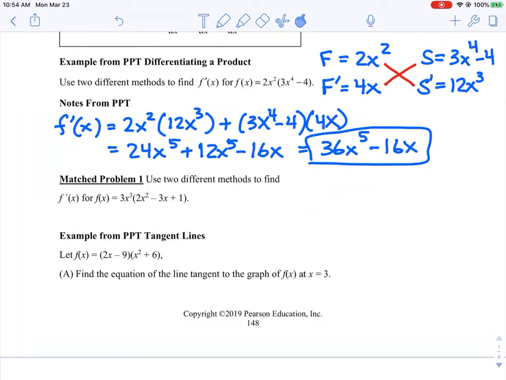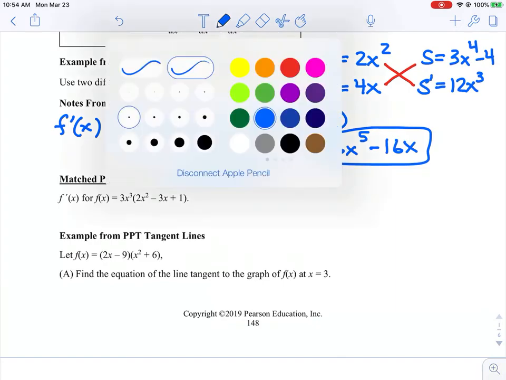Please complete match problem number 1, and only use the product rule.